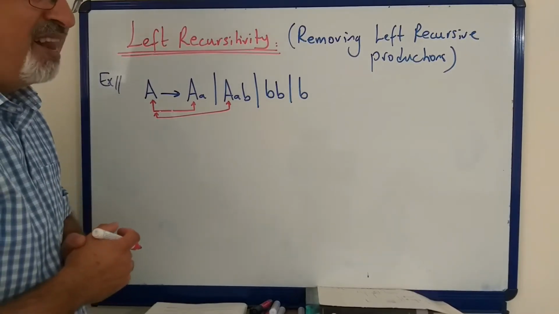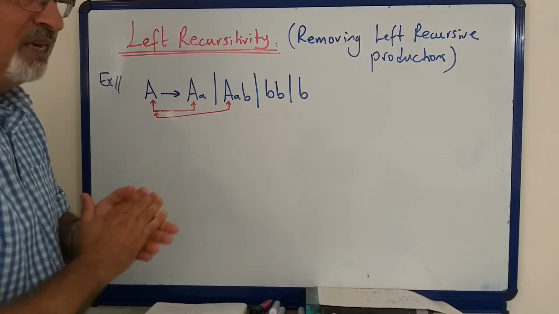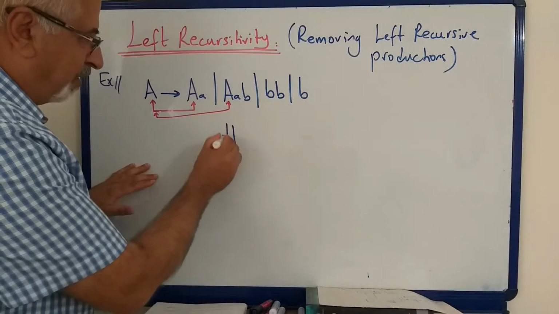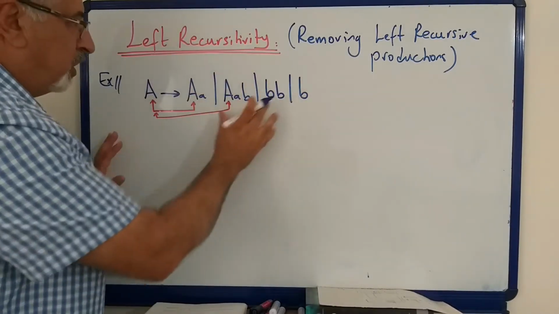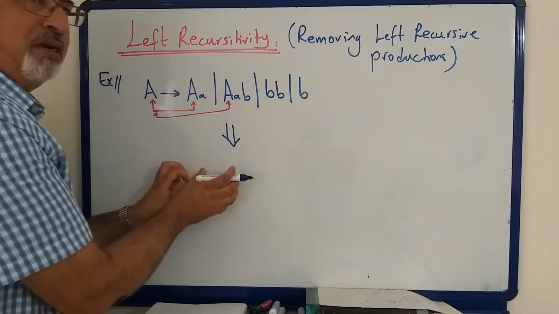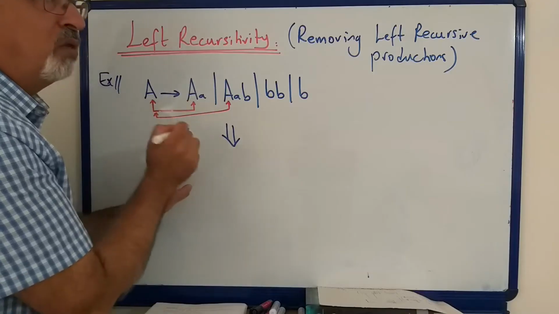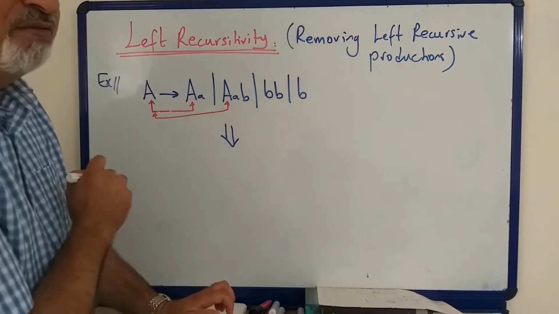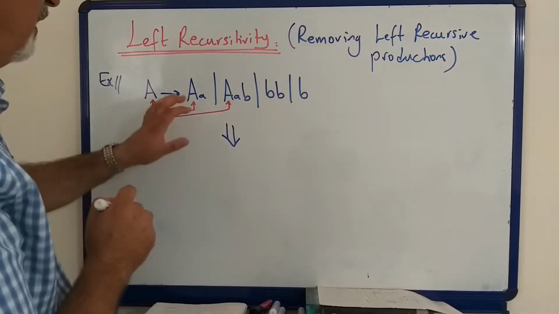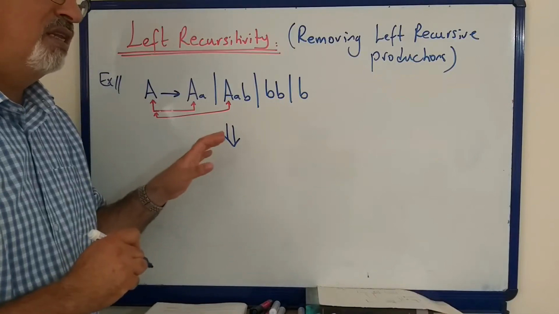We don't like left recursive productions. We have to get rid of them. So I can change this grammar. I can find an equivalent grammar, equivalent productions, without left recursivity. In these productions, we have left recursivity.